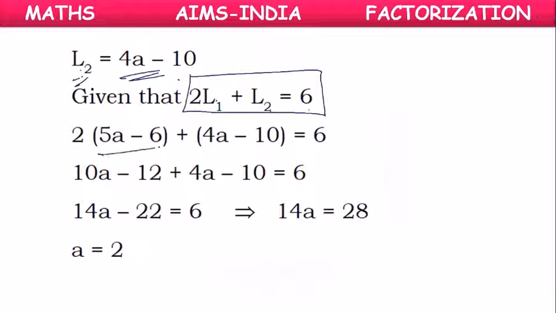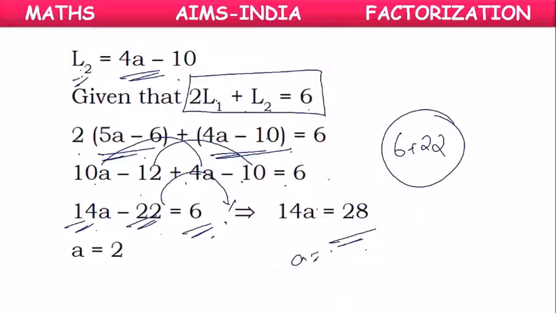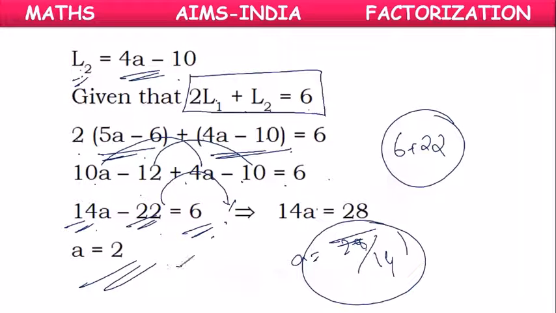Let's substitute the values. 2 into 5a is 10a, 2 into 6 is 12, plus 4a minus 10 equal to 6. 10a plus 4a is 14a, minus 12 minus 10 is minus 22, equal to 6. Minus 22 will go to the right hand side, it becomes 6 plus 22, which is 28. Now a equal to 28 by 14, which is equal to 2.